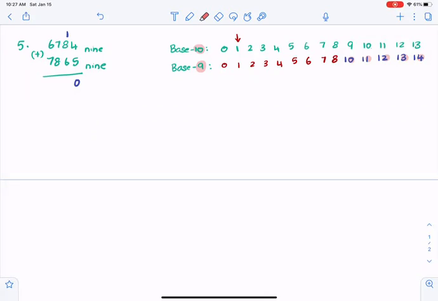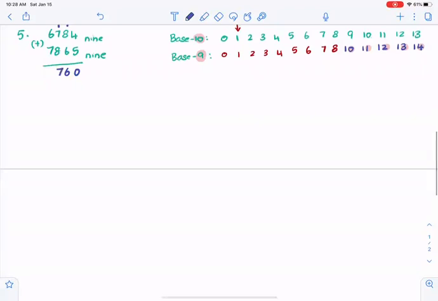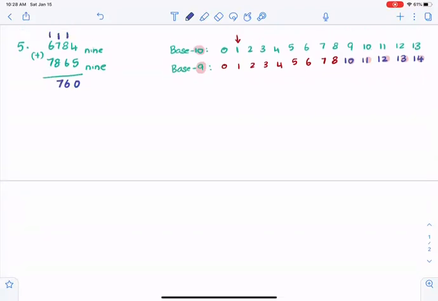So 15 in base 10 would correspond to 16 in base 9. 16 in base 10 would correspond to 17 in base 9. 14 in base 10 would correspond to 15 in base 9.